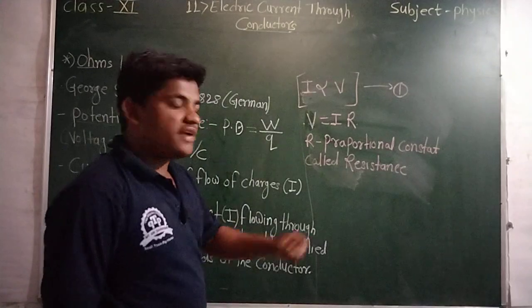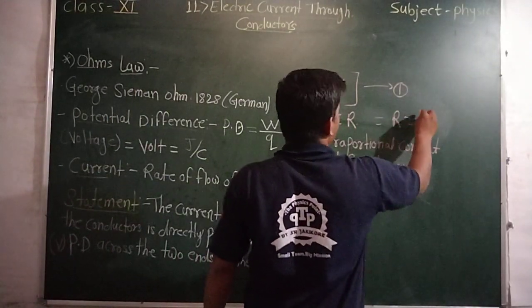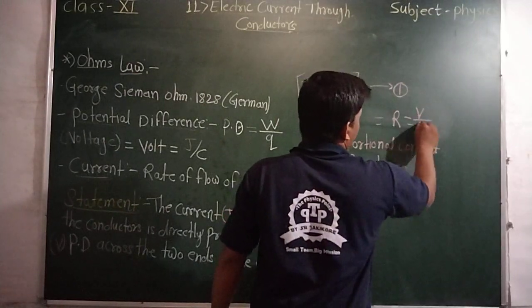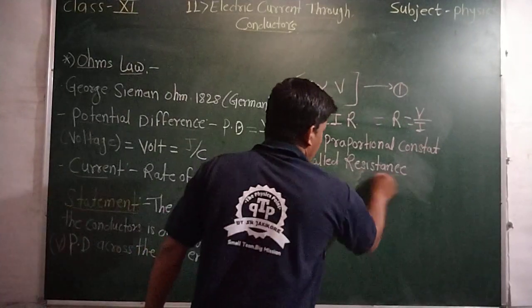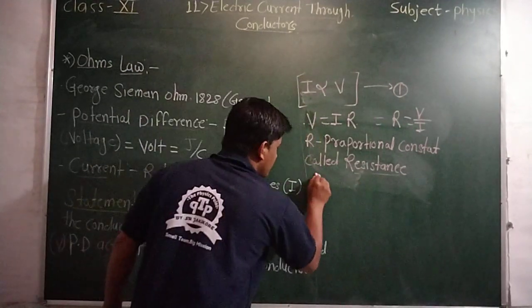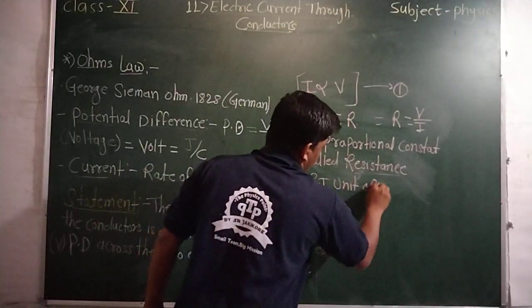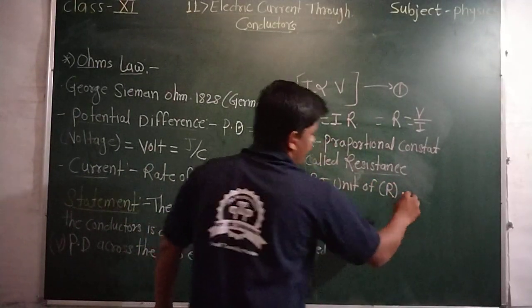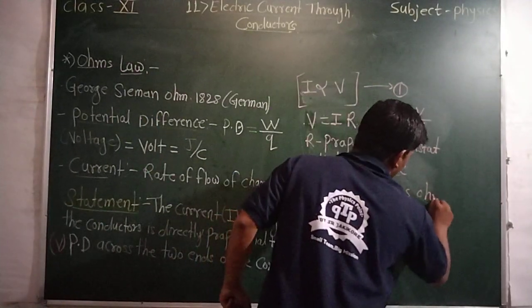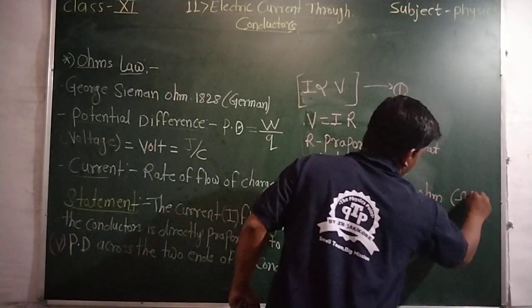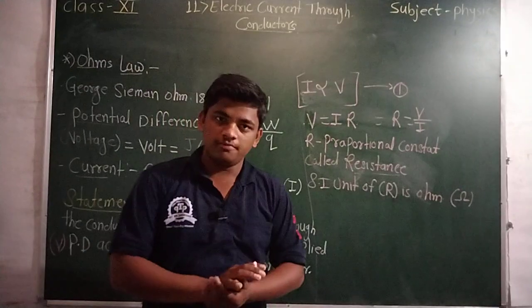The formula for R is V upon I. The SI unit of resistance is named after the scientist, Ohm. This is all about Ohm's law.